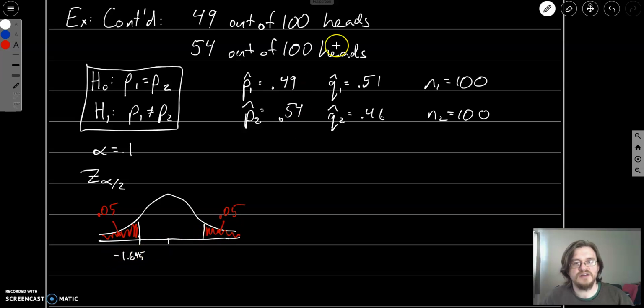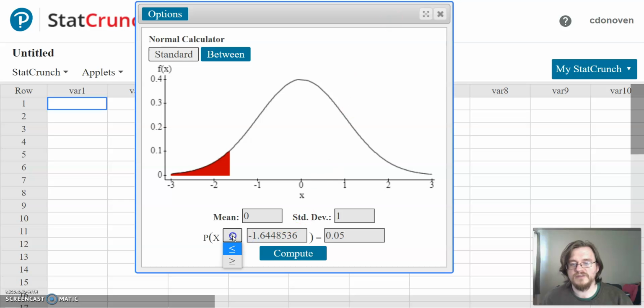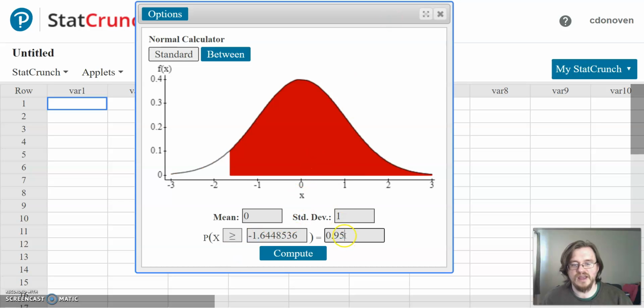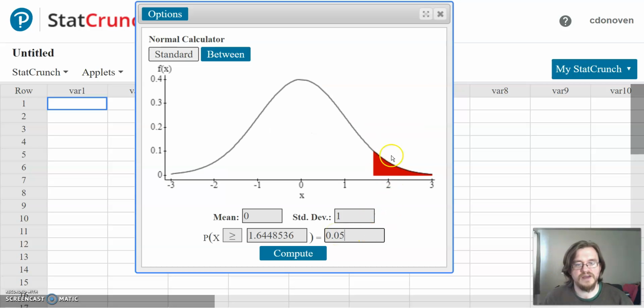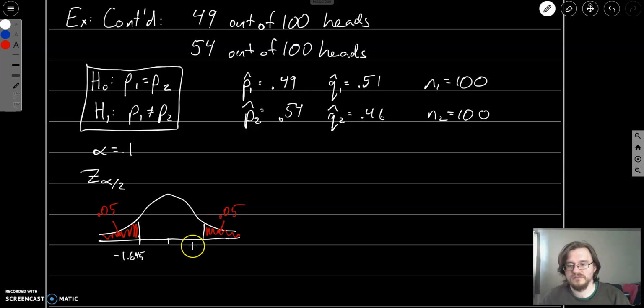The other value on top should be the same. So if I flip this over and I want this to be 0.05, again this area up here, we get the same value because it's symmetrical, 1.645. So our critical value is 1.645.